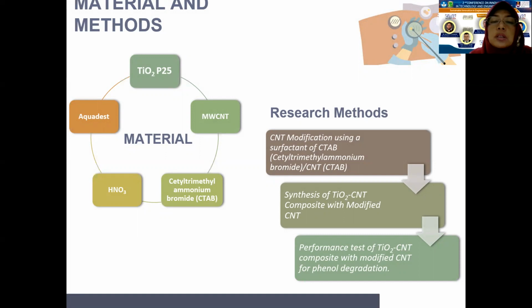Research method. The first is CNT modification using the surfactant CTAB. The second is synthesis of TiO2 CNT composite with modified CNT, and last is the performance test of TiO2 CNT composite with modified CNT for phenol degradation.